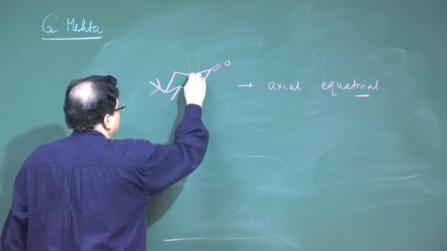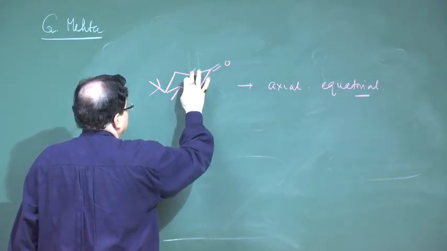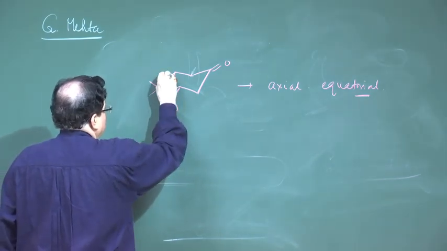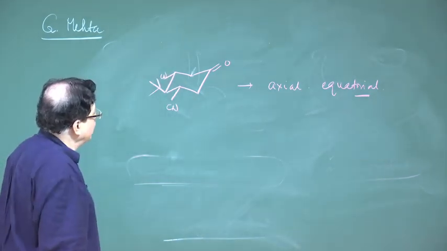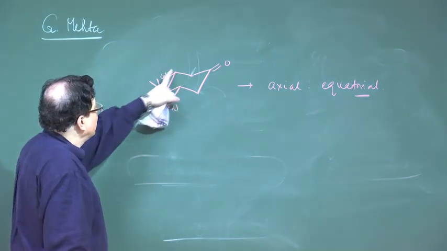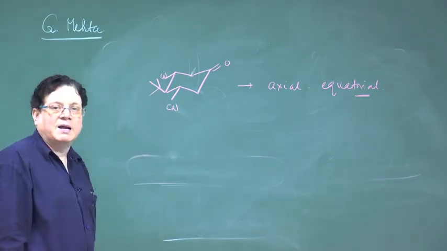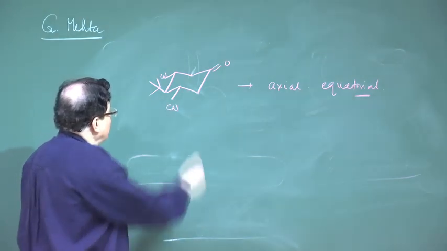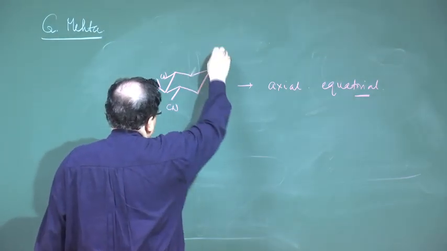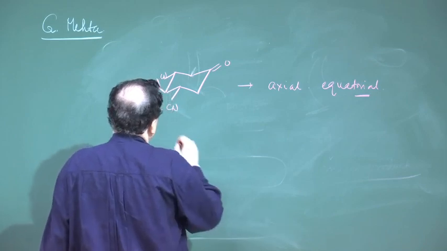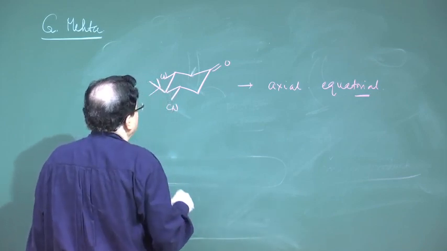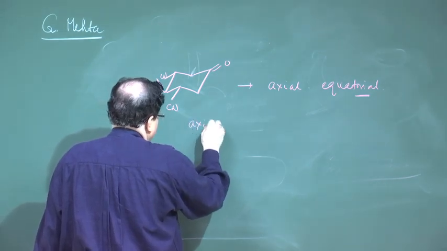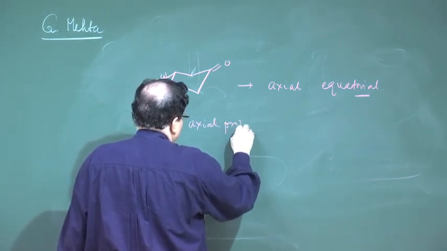Like here, if I put a substituent, suppose cyanide, then this carbon-carbon bond, because of the electron withdrawing group cyanide, becomes an even poorer donor to that antibonding orbital. So, in that case the axial alcohol proportion goes down.